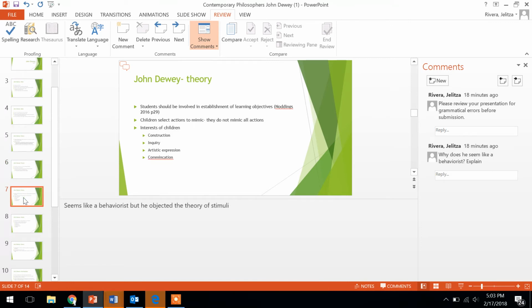Okay. You said he seems more like a behaviorist, but objected to the theory of stimuli. Well, how or why does he seem more like a behaviorist? Explain that point in further detail. The other thing is there's a misspelling error here, there's a missing comma over here, there's a missing period here.